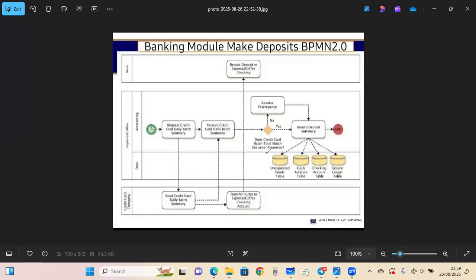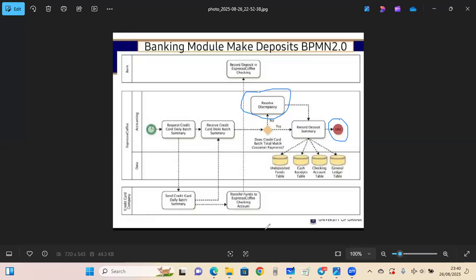But if it doesn't match, they solve for any error or resolve any discrepancy before they now record it into the databases, and then that ends this process here in the accounting department. You get it? So you can see that once you're able to identify the lanes, you'll be able to actually identify what's happening because there's an arrow showing you this comes here, moves here, and the likes. So this makes it a bit easy.